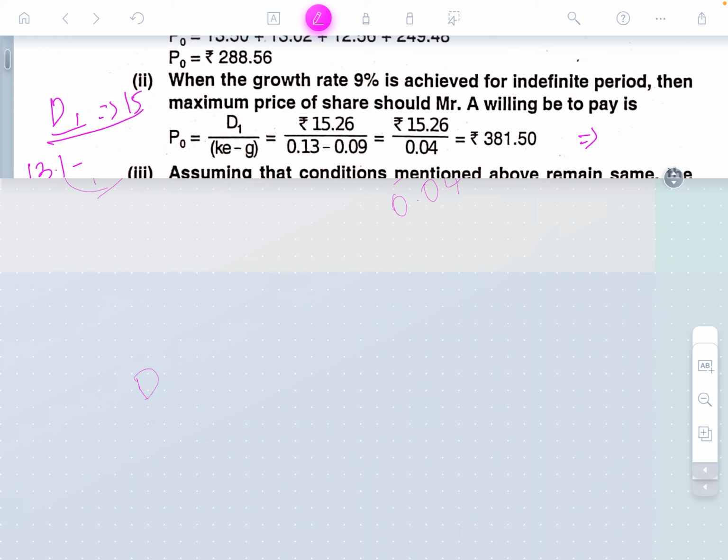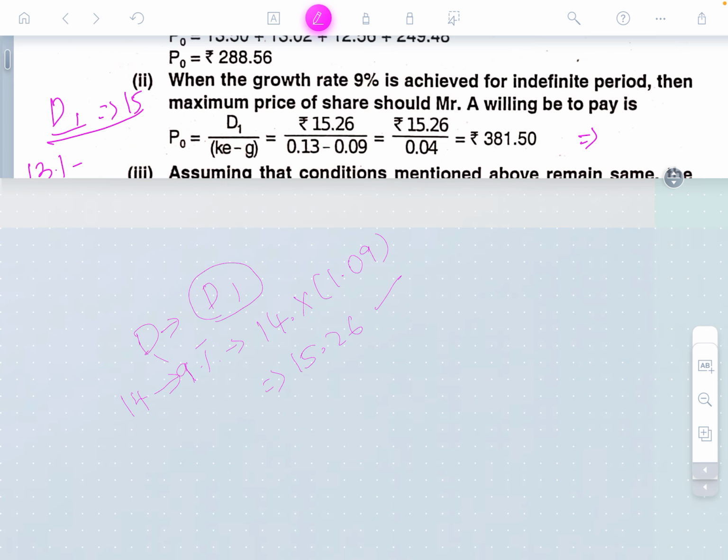So the dividend I will get in the first year: the dividend I am now getting is 14. The growth is 9%. So what I expect to get in year one is 14 into 1.09. What will the answer be? 15.26. That is the first point.